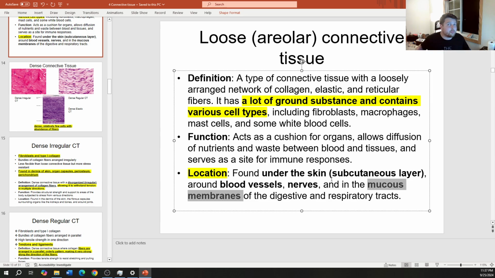They have the epithelial tissue close by. A lot of them have a lot of vessels, so the digestive and the respiratory tract have lots of blood vessels running through them. So anywhere where you see a lot of epithelial tissue, that's where you're also going to see a lot of this type of connective tissue.